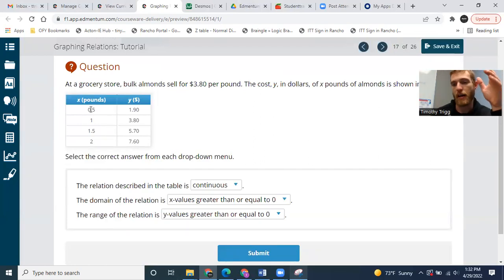You could have 0.53, right? You could have any number in between there, not just discrete amounts. So discrete amounts are like, you could only have 1, 2, 3. Like the number of people in a room is going to be discrete amounts because you can't have fractional amounts. But continuous does have fractional amounts.